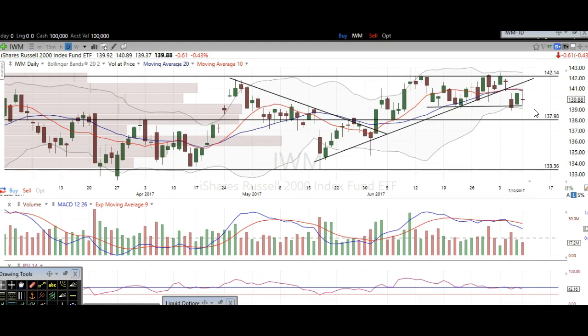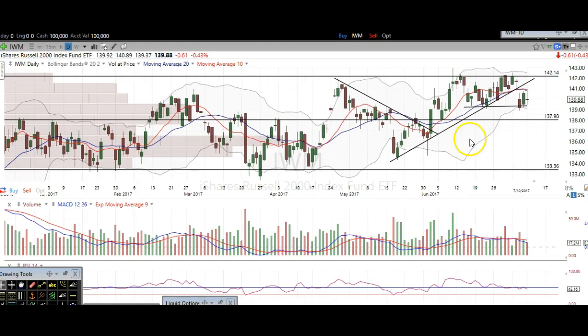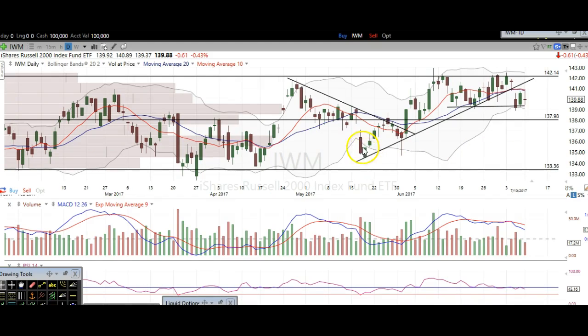If we close below 139, we're going to see a nice move down, probably come down and retest 135, I'd say 133, around these levels. We already broke this short-term uptrend line. I'm not putting a ton of weight on that uptrend line just because it's a pretty steep angle and it's very hard to maintain that angle.